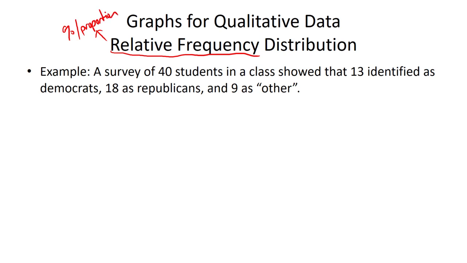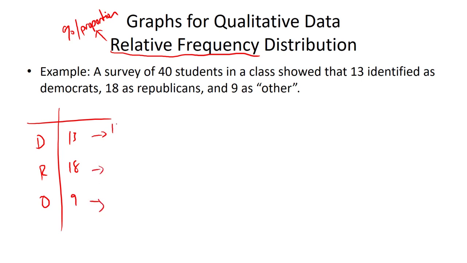So in our case, we had 13, 18, and 9. What we want to do is convert those into proportions or percentages by dividing. So what is 13 divided by 40?